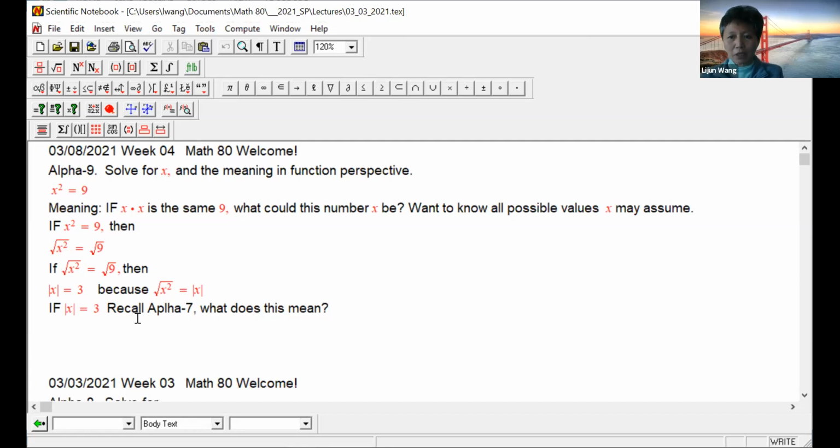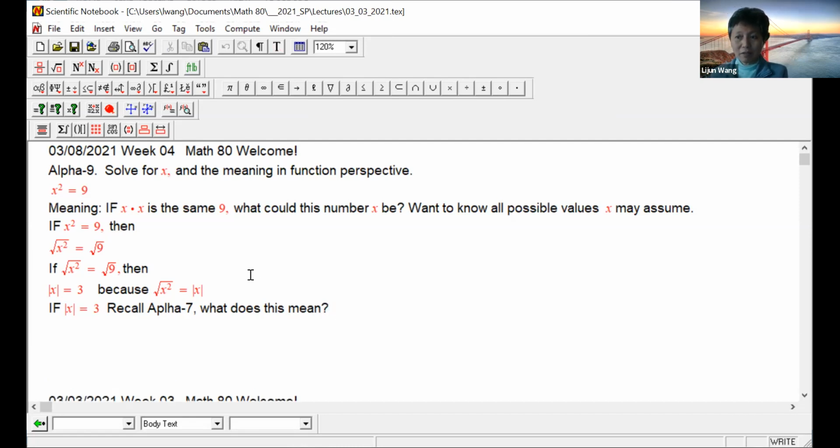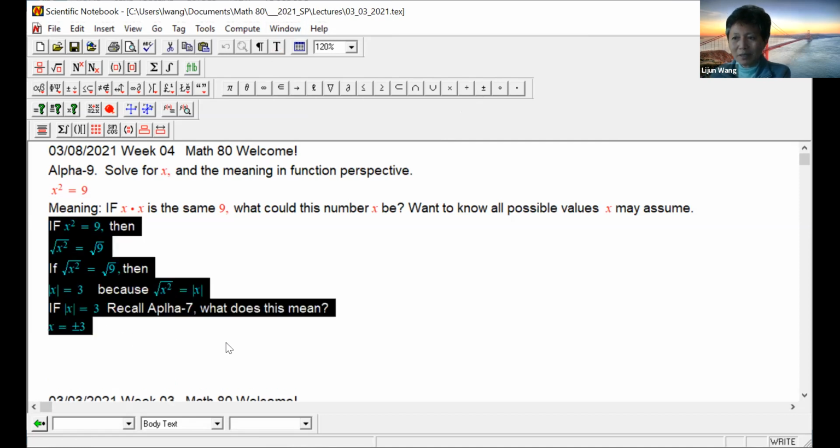If the absolute value of a number is equal to 3, what are the possible values for x? So if this is true, then we can use what we've done for Alpha 7. x will be either positive 3 or negative 3. So this is the complete context.